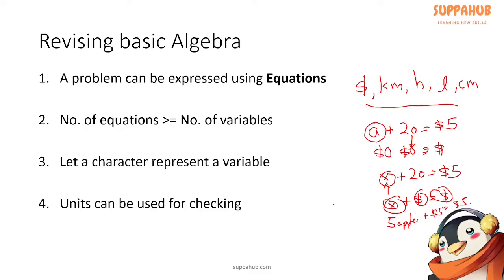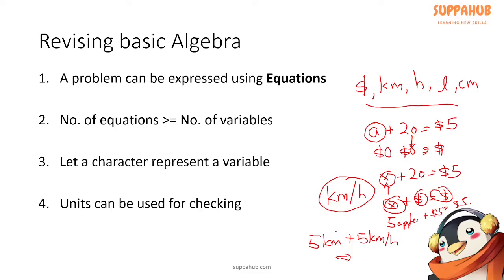So for example, if you have the answer in speed, kilometers per hour. In this example you cannot have, let's say, 5 km plus 5 kmh.